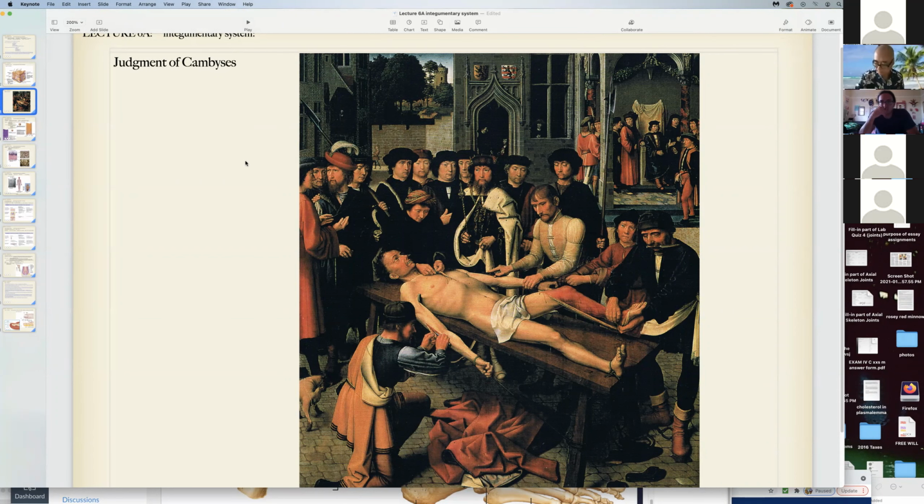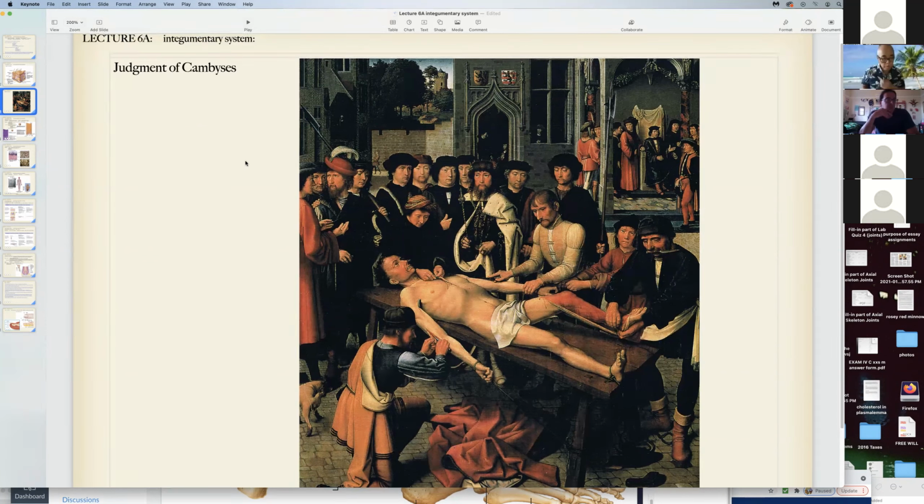So what the northern painters would do is they like to paint ancient events, but at that time, some of them do not care so much about figuring out the type of clothing that the ancient people would have. So they just use their contemporary clothing here.